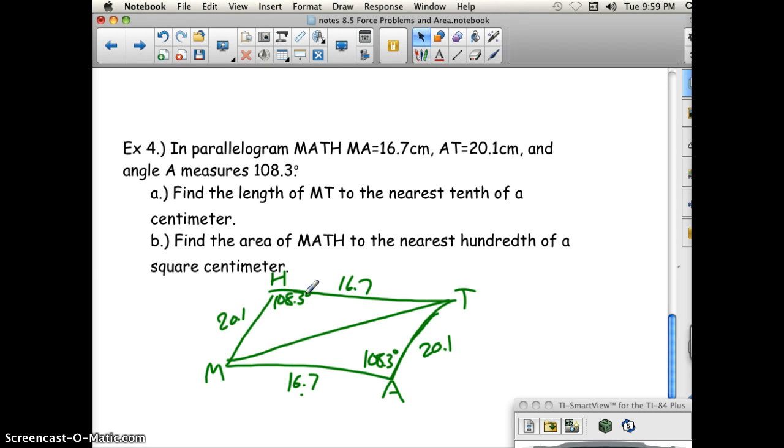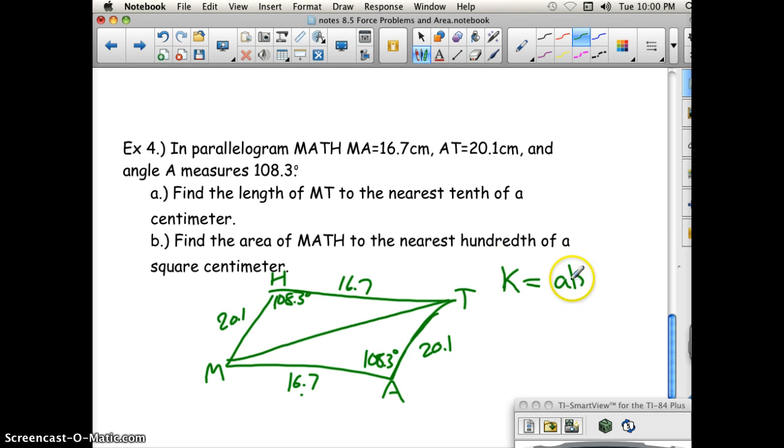So really, if I could find the area of one of the triangles and double it, I could find the area of a parallelogram. Or, instead of doing the half, I can just do K equals AB sine C. I don't need the half for this parallelogram. So I have two consecutive sides of the parallelogram and the angle between them. Don't do the half and you'll get the area of a parallelogram.